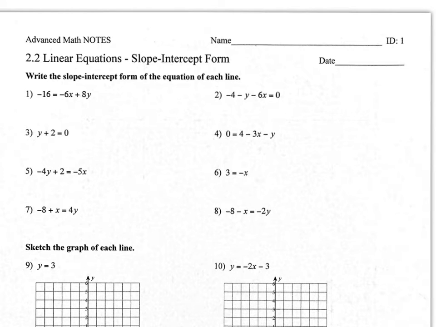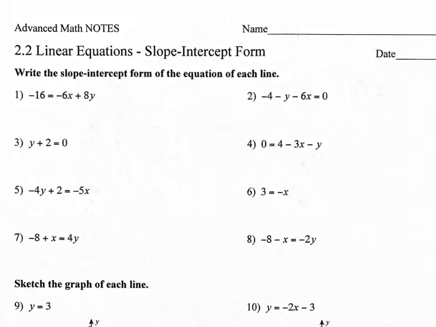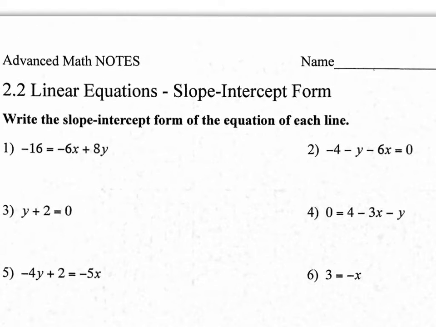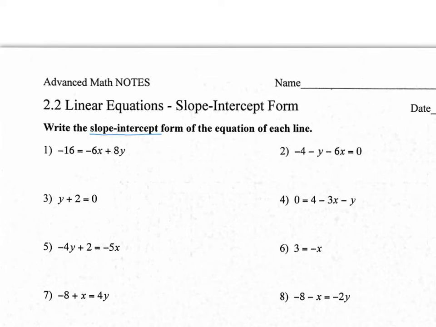So notice on this first one, we're going to rewrite all of these into slope-intercept form. So you need to remember what slope-intercept form is. That is y equal to mx plus b, where m is your slope and b is your y-intercept. And that's why they call that the slope-intercept form, because you have your m and you have your b.